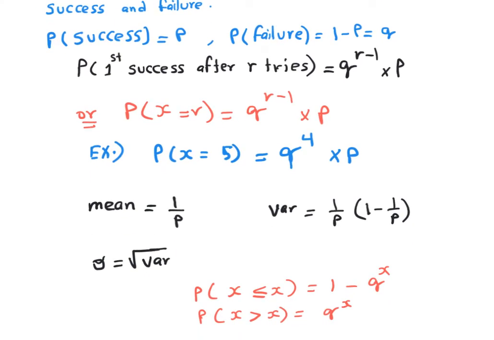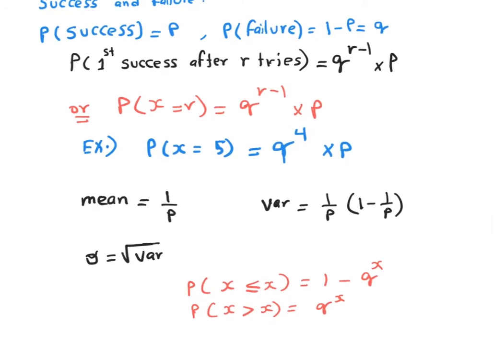The mean equals 1 over P. We can denote geometric distribution by G and P. Variance is 1 over P times 1 over P minus 1.